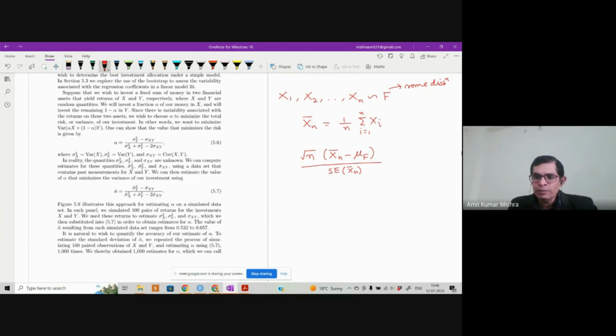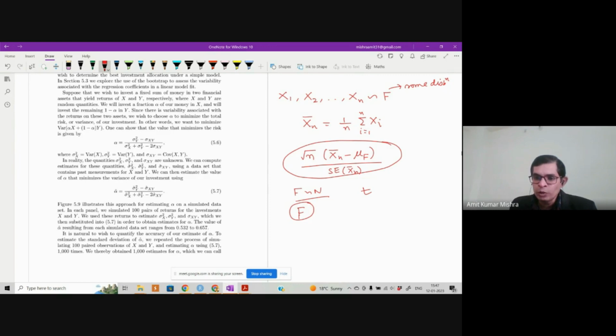If F is normal, all of you know that we will have a t distribution. Now the question arises, if we do not know F, that means we do not know the distribution of F, then how will you find the distribution of anything, or how will you perform further things?